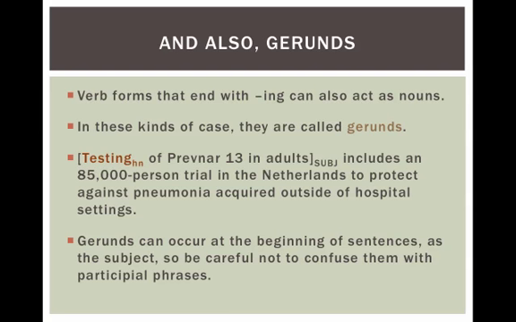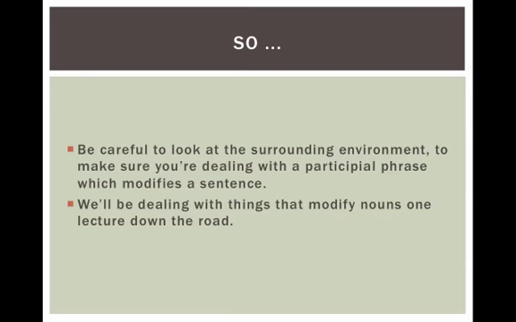They can occur at the beginning of sentences, so that's why you always should start looking for your tensed verb. Because sometimes they can be the subject, as we see here. Okay, so be careful to look at the surrounding environment to make sure you're dealing with a participial phrase which modifies a sentence. And we're getting to things that modify nouns, but I introduced them here just so you know that not everything that looks like a participial phrase is a participial phrase.